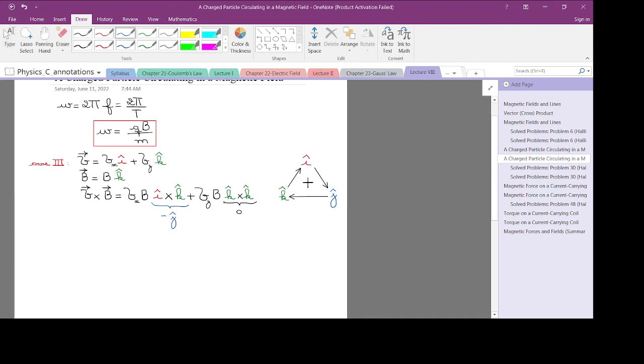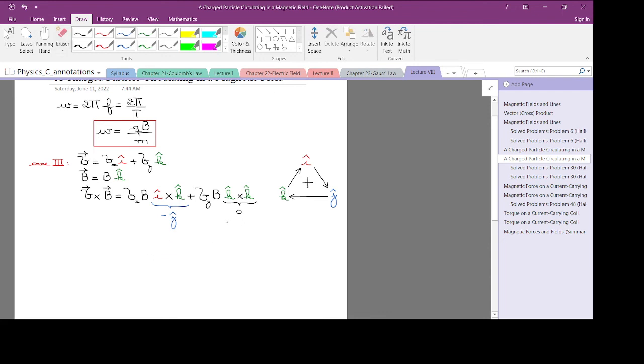And the force still acts radially like before, like in case two. This component here is going to act radially and change the direction of the vector v on the xy plane. So this one is still affecting the xy plane, and this one doesn't affect anything.